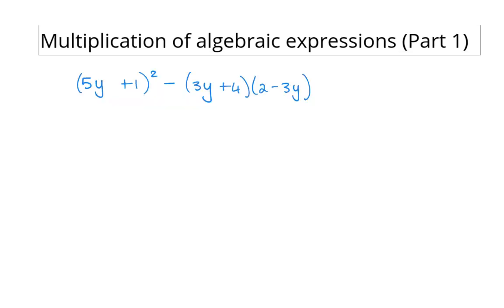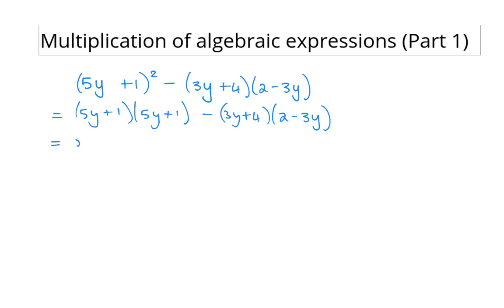Now I'm going to do a more advanced problem where there is more than one term. In this case, the first term consists of two brackets that are exactly the same. So if it's easier for you, you can write the two brackets down. Okay, and then we can multiply the brackets out. 25y to the power of 2, plus 1 times 5y, 5y times 1.